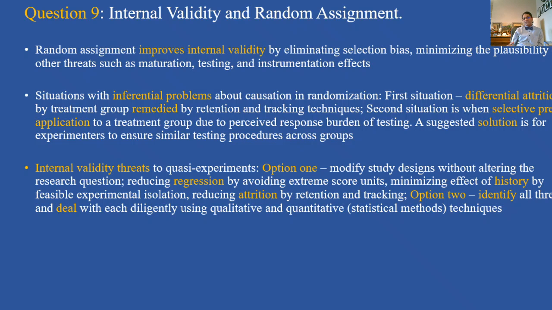Randomization is also believed, as it has been explained in the textbook, to cause two issues with inferences about causation. First is differential attrition, which causes differences in outcome as we've seen before. It is usually corrected by retention and tracking techniques.